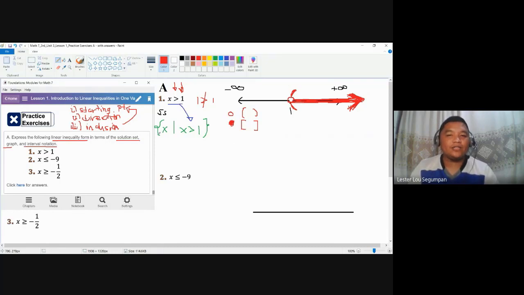Now our third notation, this is our graph, by the way. The third notation is the interval notation. This is actually declared by the graph, the shaded portion of the graph. So you need to determine the leftmost value and the rightmost value.